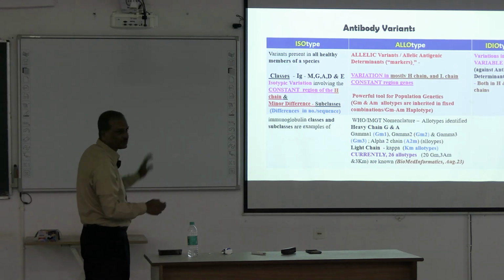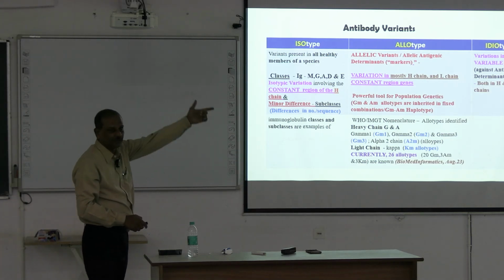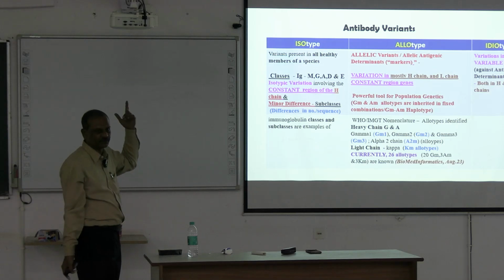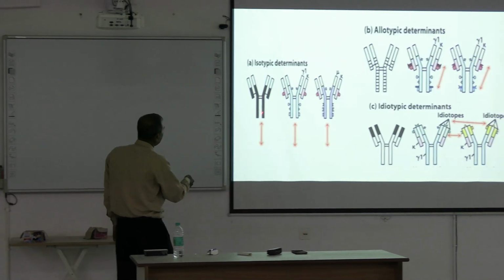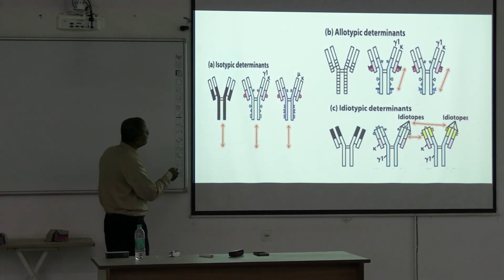So allotype variation is in the heavy chain region, idiotype is in the variable region, and isotype is the main 5 classification of the heavy chain. Just I am giving you an example, isotype. Now look at this structure. This structure is black, this is somewhat sky blue, this has another different color.